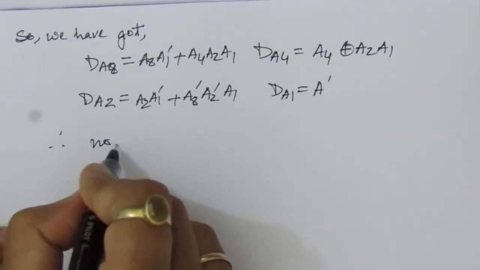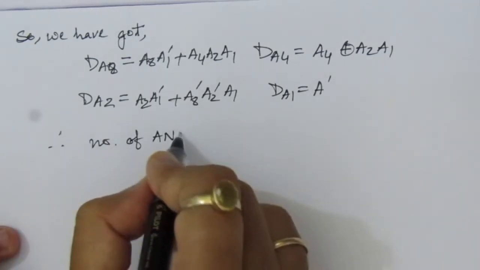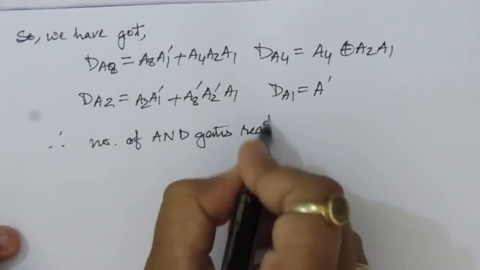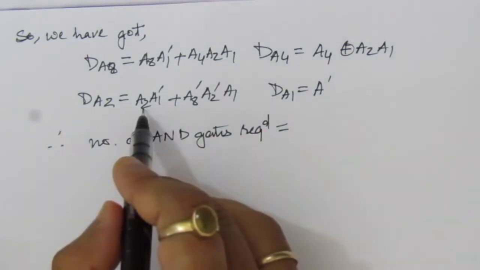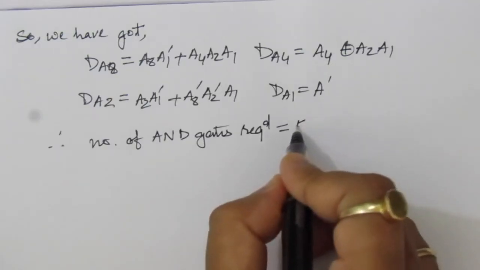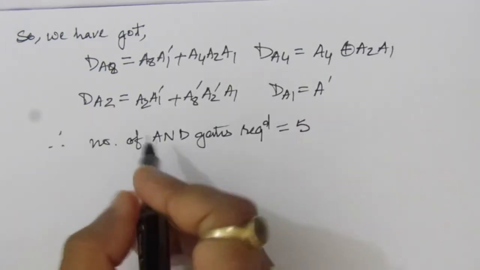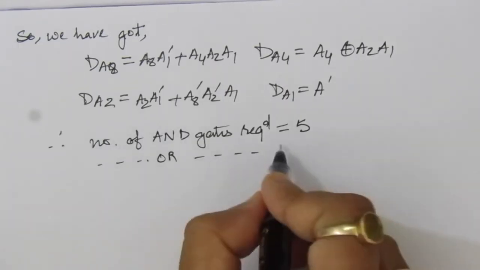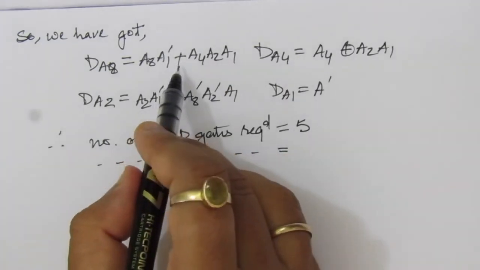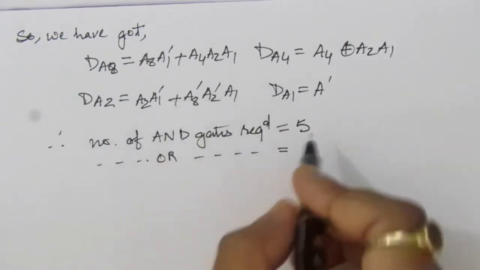Therefore, number of AND gates required is equal to 5. Number of OR gates required is equal to 2.